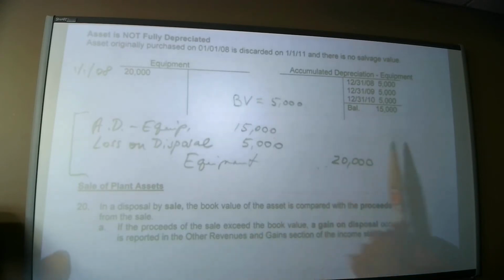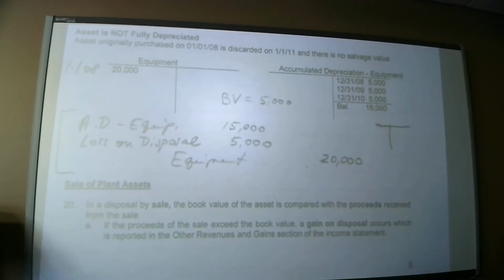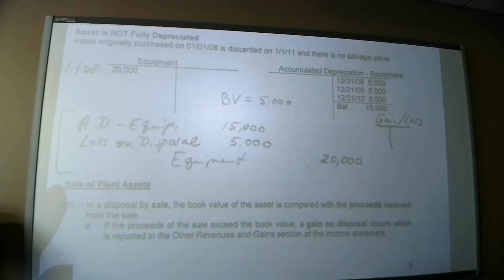Okay. Somewhere on the side up here, put a tiny T account. Why is that? In general, we don't have a gain account and then another loss account. We have either a gain or loss account. How does this behave? If you have a gain, gains have normal balances similar to revenues.